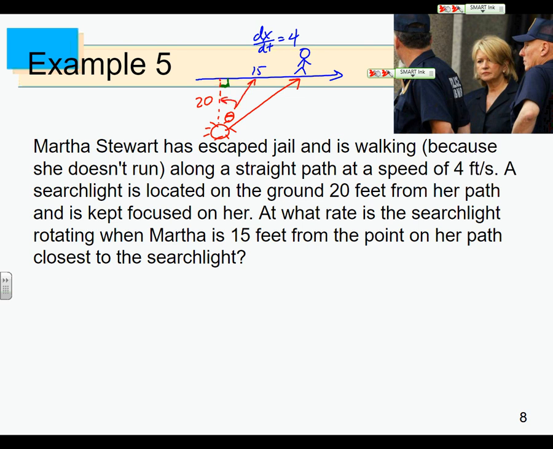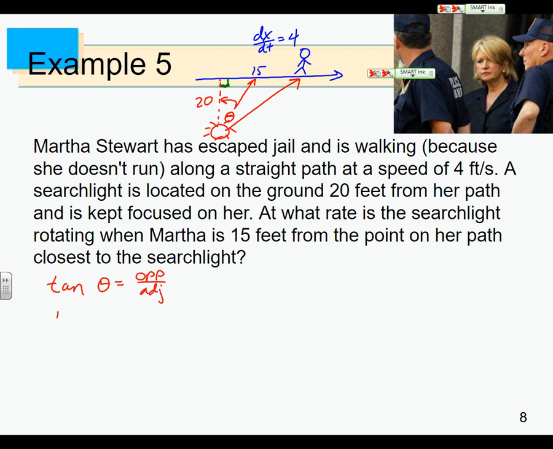Do we have one of our trig functions that deals with opposite and adjacent? I hope you said tangent does. Tangent of that angle is going to be the opposite side, which is going to be my x, over adjacent.